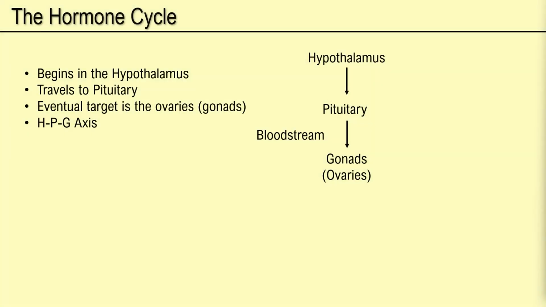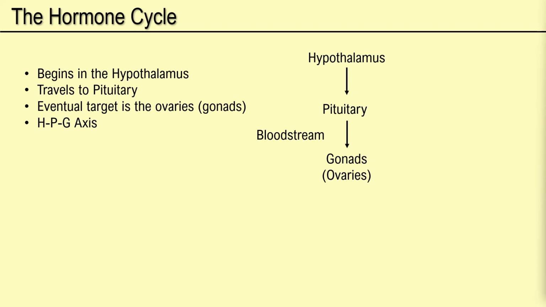So hormones play a significant role in the maturation of oocytes. The hormones are first secreted by the hypothalamus in the brain, which pass on to the pituitary gland, also in the brain, which then encourage the secretion of further hormones that enter the bloodstream and act on the gonads, in this case the ovaries. A similar pathway is involved in the production of sperm, except the gonad in question is the testes.